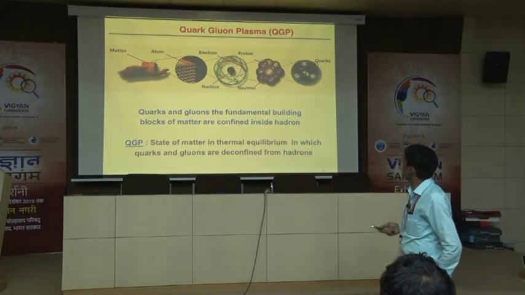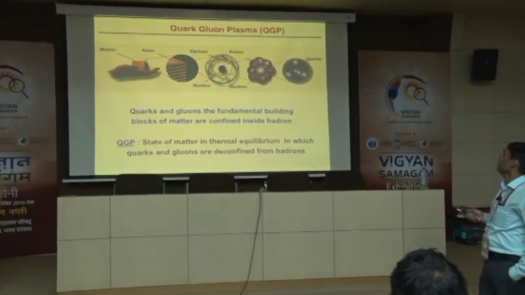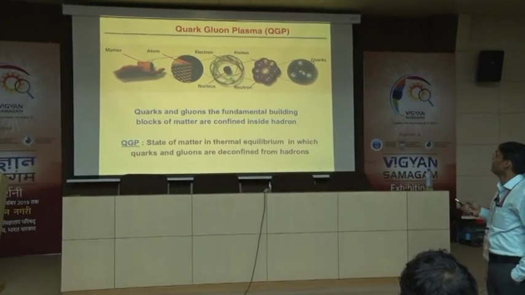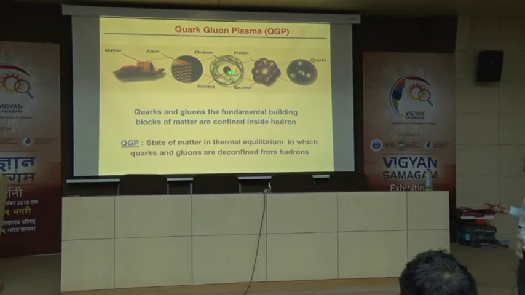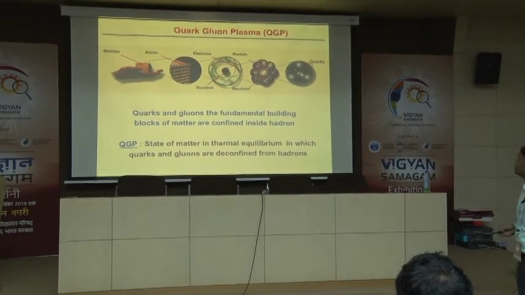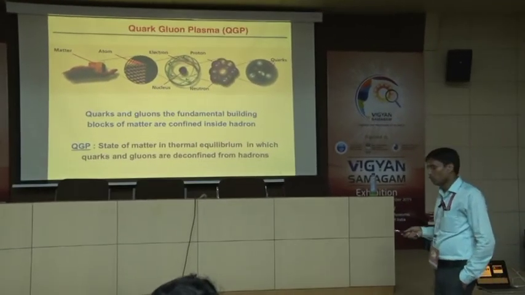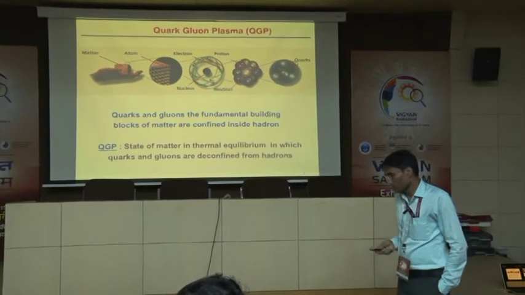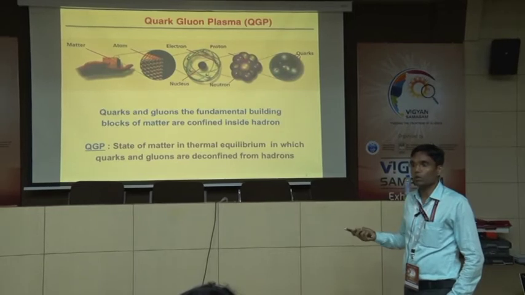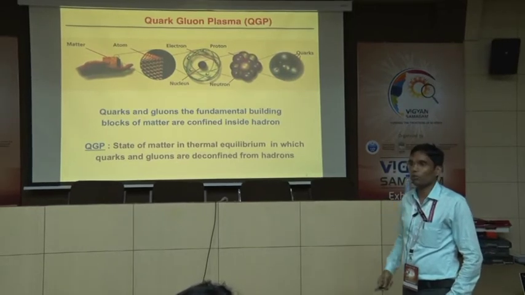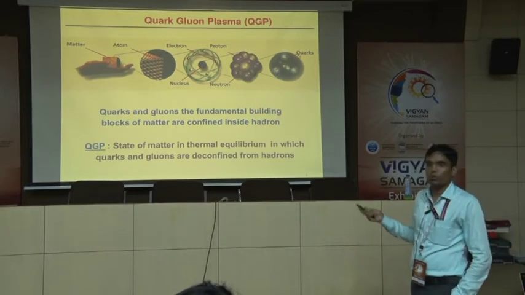So, if you go to the inside of a matter, then it is made up of atoms, right, and then if you go inside the atom, then you have a nucleus and electrons revolving around it. What is there inside the nucleus? Proton and neutron. So, long back protons and neutrons were supposed to be the elementary particles, right, but later on with scientific and technological development, we knew more.